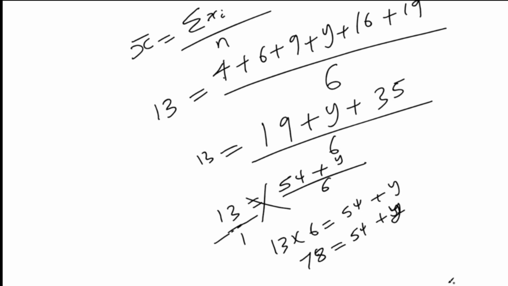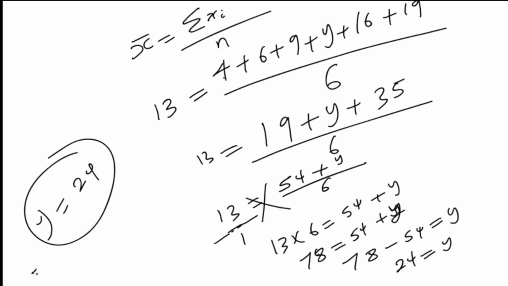If you move 54 to the left side, you have 78 minus 54 equals y. So 78 minus 54, you have 24. So it means that the value of y is 24.